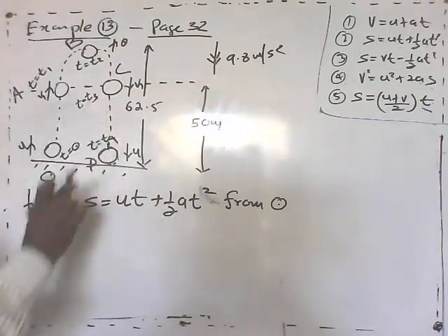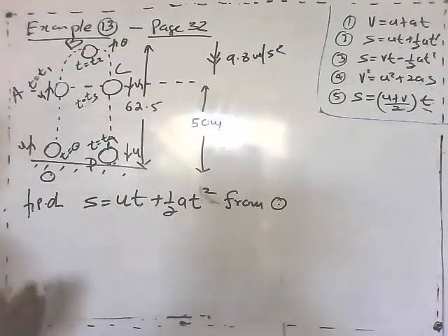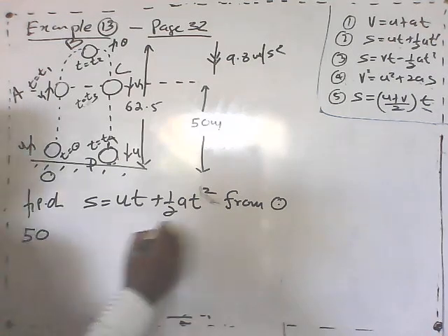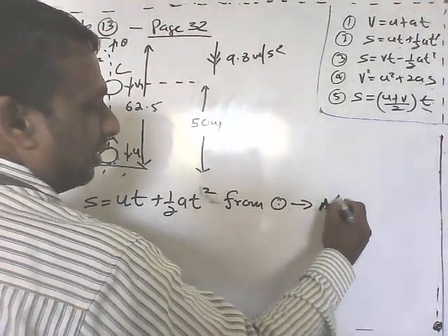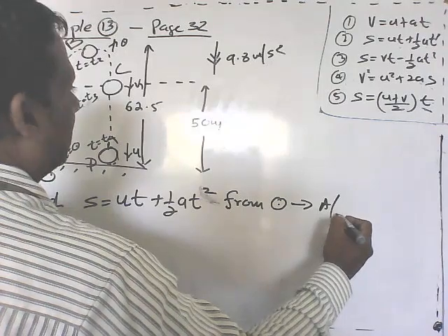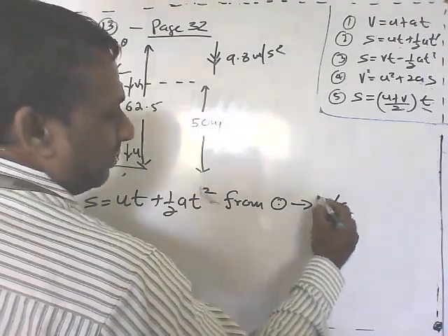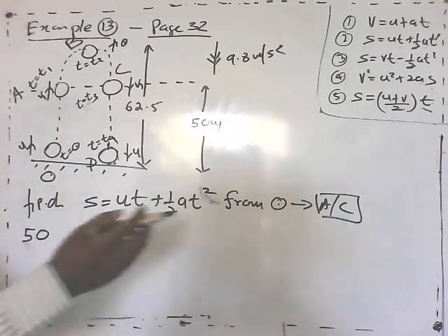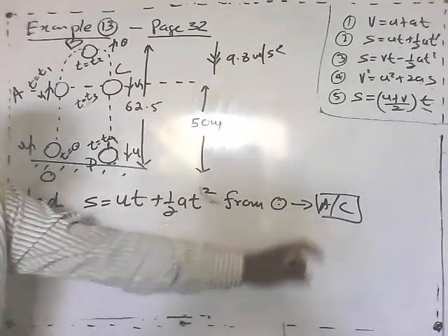So because of that I will handle it like this. Upward, s is now 50 meters, from O to maybe A or C, whatever. This is not important, but I just mention it so that both cases are considered.